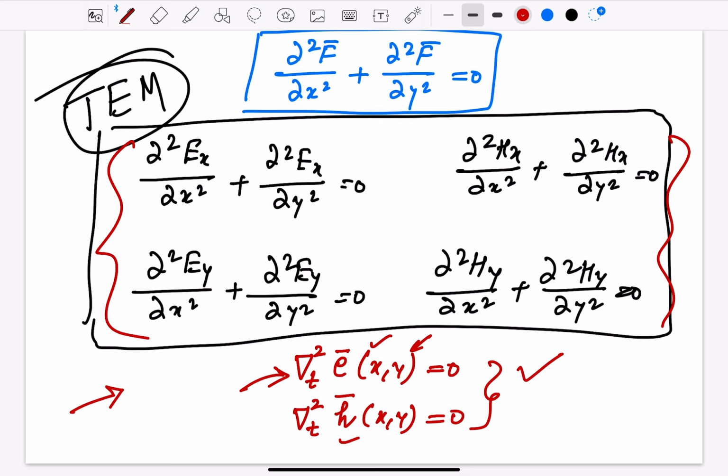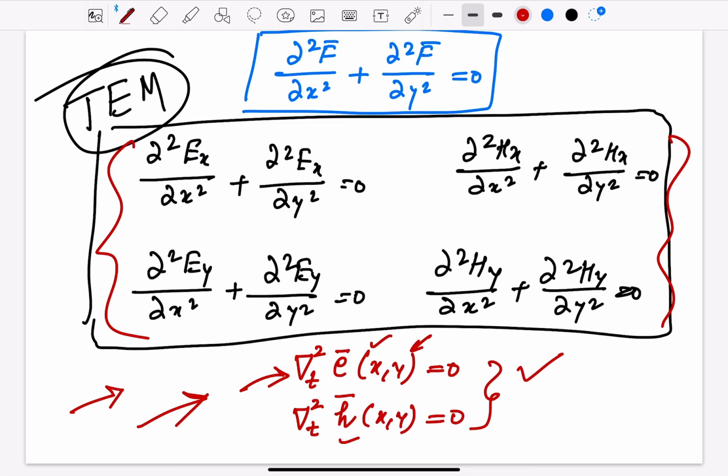So this allows us to solve for the static fields of the given guiding structure's geometry to determine the field of the TEM mode. So we can find Ex, Hx, Ey and Hy.